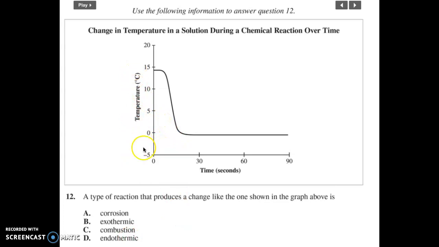Okay, this y-axis has temperature, so it goes 0, 5, 10, 15, 20, and a minus. So you start with your solution at about 14 degrees Celsius, and you see that the temperature has decreased over time. Okay, so we're looking at an endothermic reaction here.